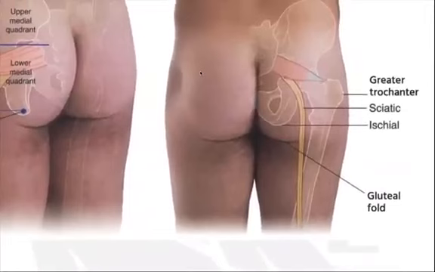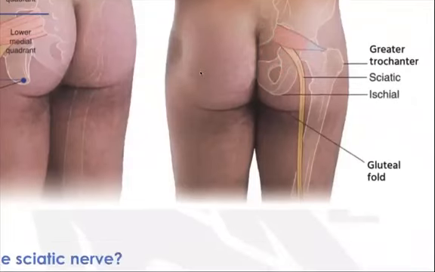So the sciatic nerve will run inferolaterally. You can see, right? This is going downwards and somewhat laterally. So it will go inferolaterally, but it will be underlying the gluteus maximus muscle. And it will go down from the gluteal region to the posterior thigh region.